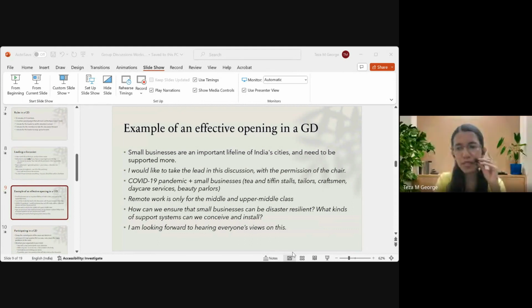Very good. That was a very well delivered opening statement. Of all the things that he mentioned, there were several points on which he did not elaborate. The reason why somebody who leads a discussion would not elaborate is because they are just laid out there as possible things on which the rest of the group can speak.